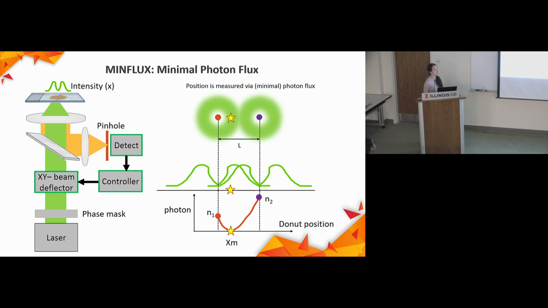That's going to be the position of your spot. So this is how you use MINFLUX to determine where your molecule is at. The position is measured and determined via the minimum photon flux. This is a simple example of moving your donut-shaped laser in 1D. In 1D, you only need 2 points to localize your molecule.